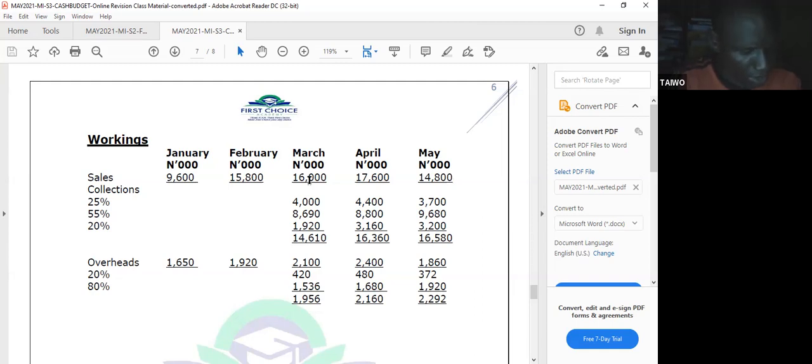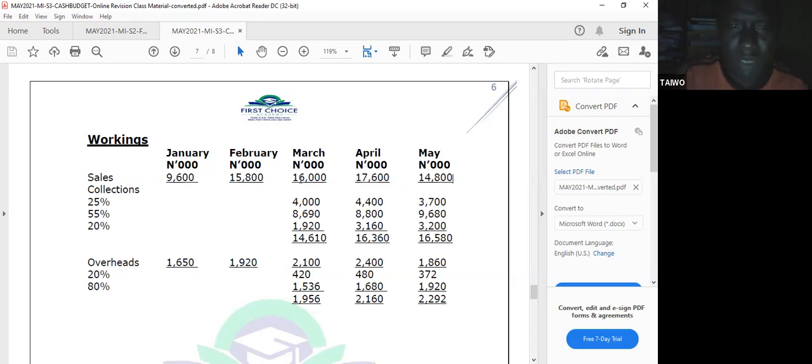That's 4 million. Can you see the 4 million there? It means that 25% of this 16 million is 4 million.